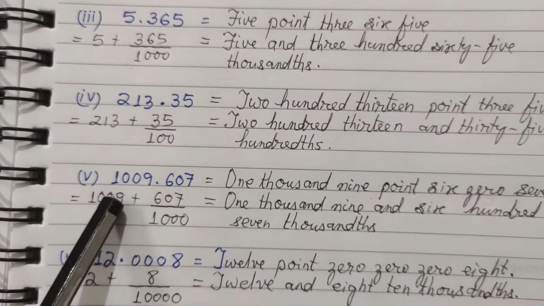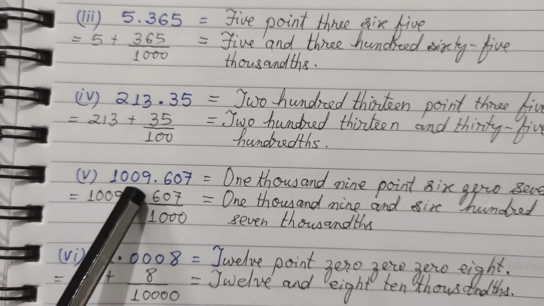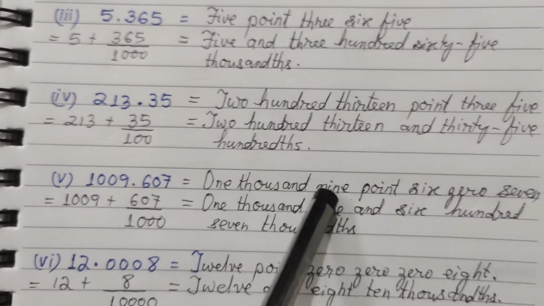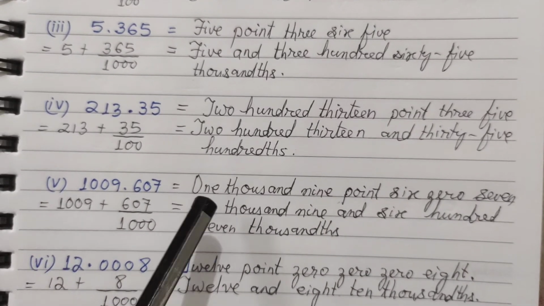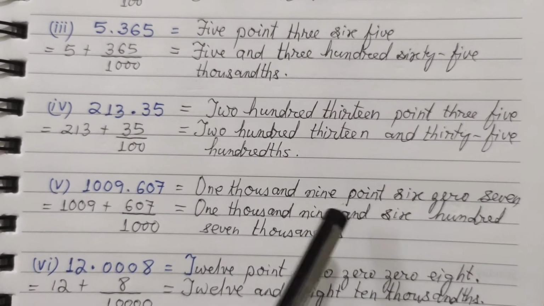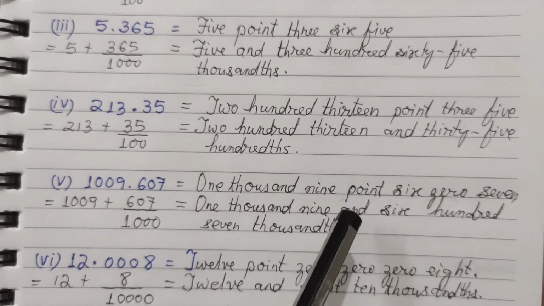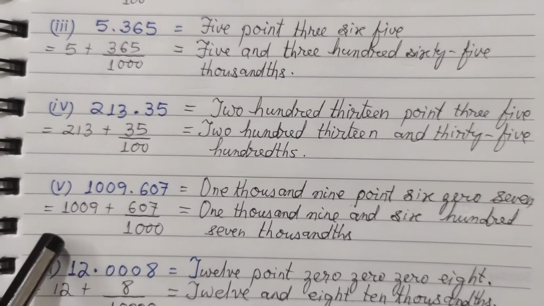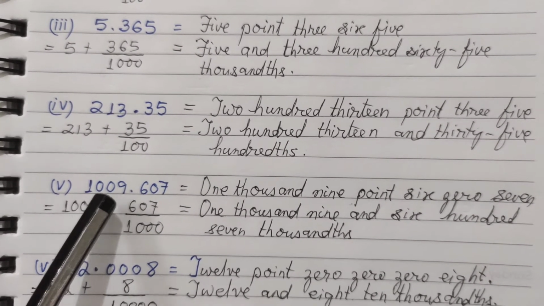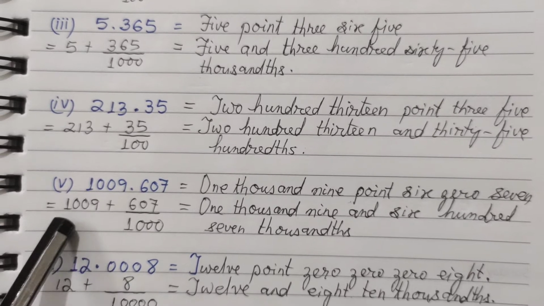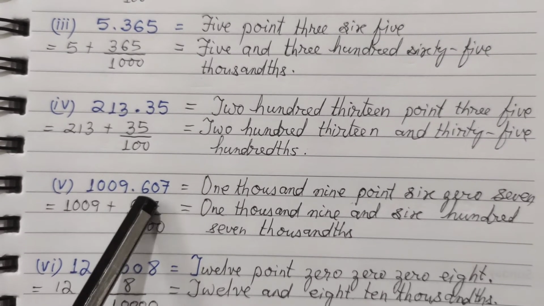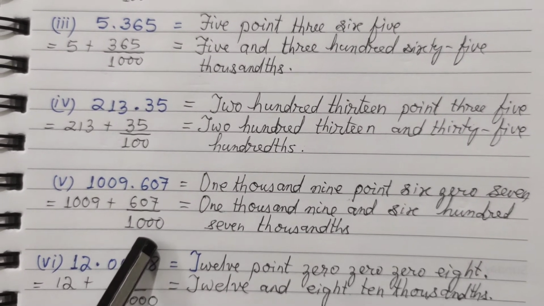Similarly, you have this: 1009.607. So the first way of writing is the same as it is in the number. Now again you split it up. 1009 is our whole number part, so we write it separately. 0.607 is written as 607 by 1000.